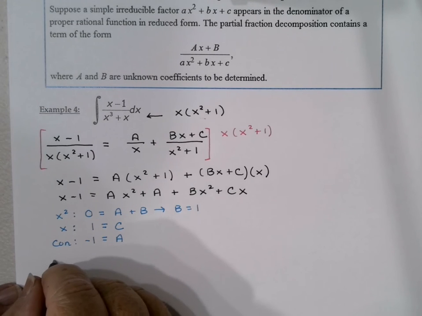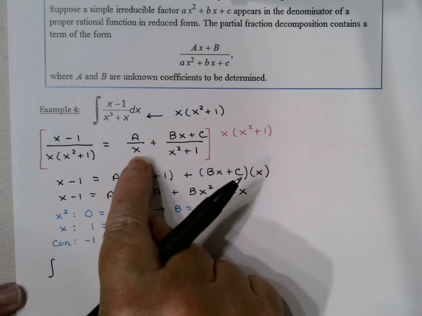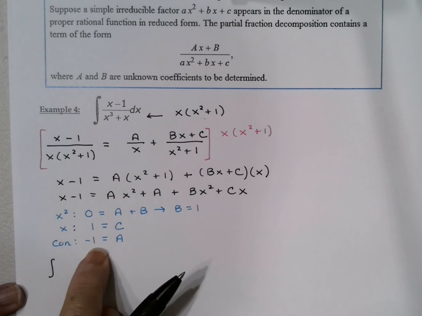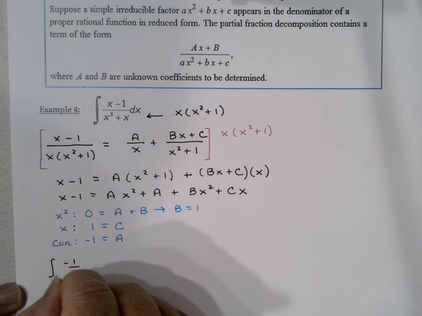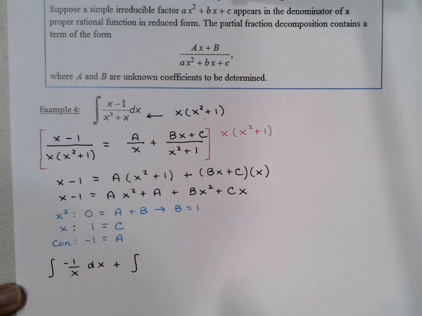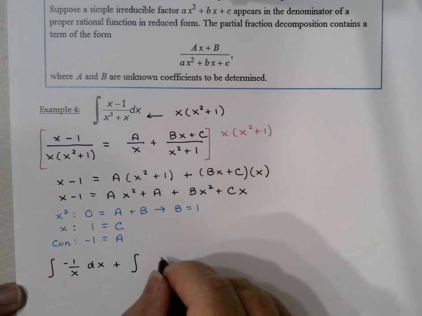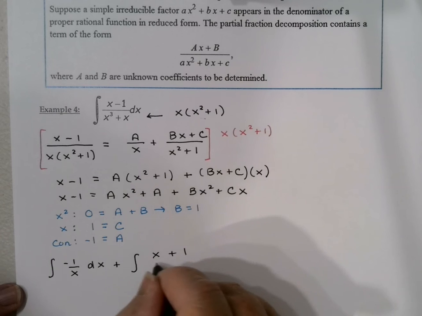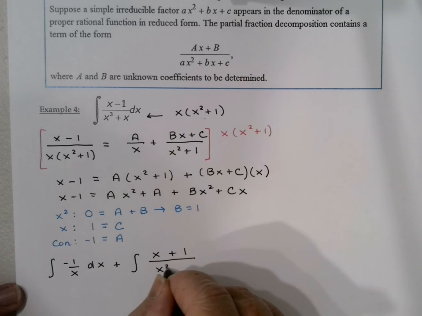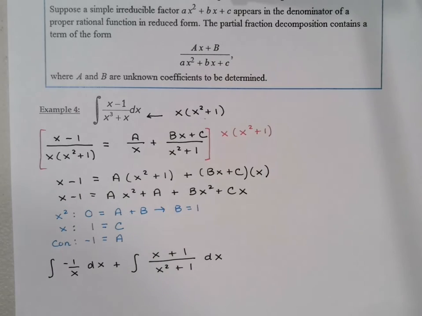All right, let's rewrite our integral. I will have a over x, so that would be -1 over x. And then bx plus c. b and c are both 1, so just 1x plus 1 over x squared plus 1 dx.